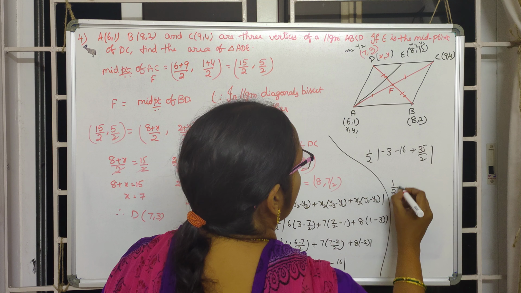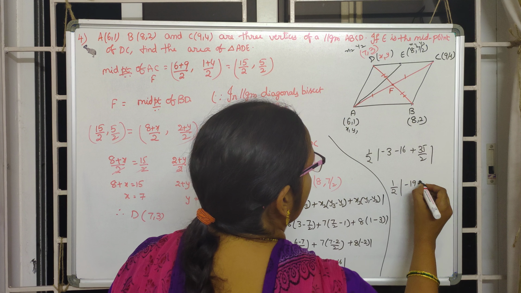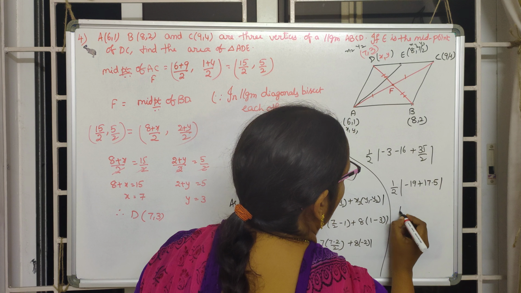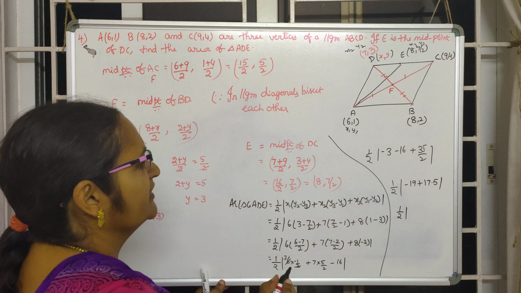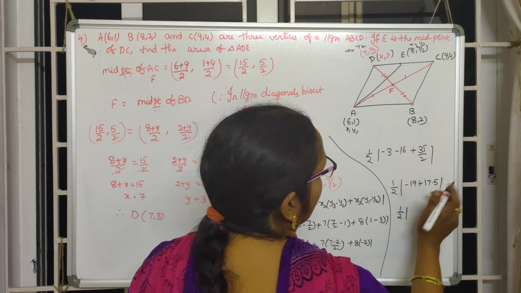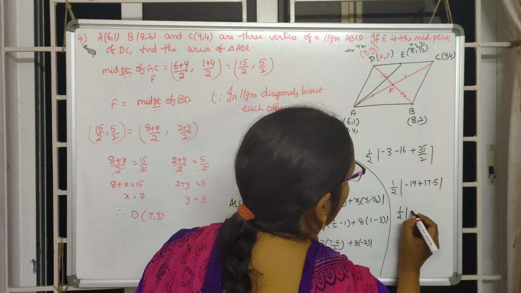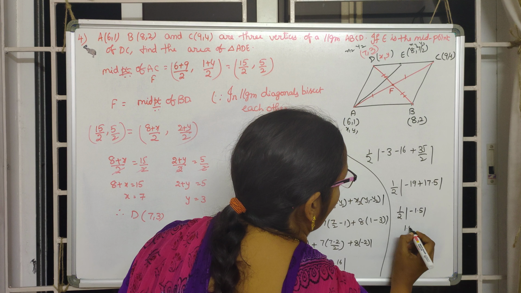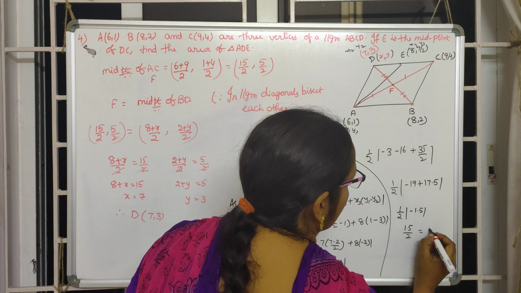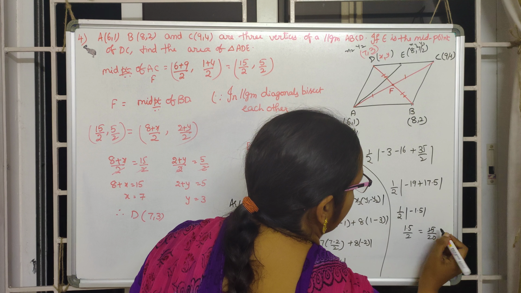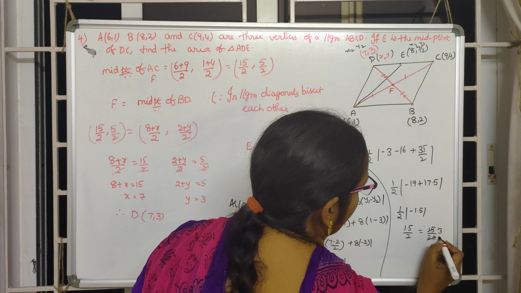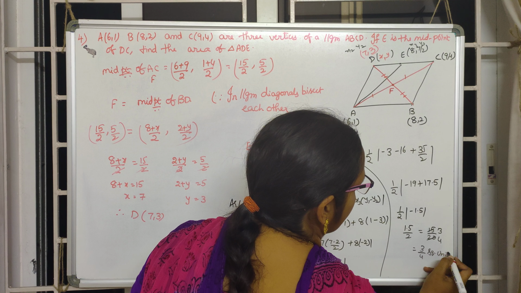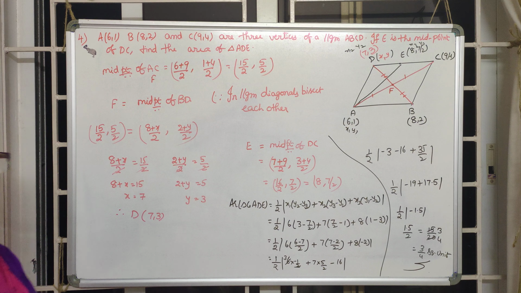This is half modulus of minus 19 plus 17.5. Half modulus of minus 1.5 means 1.5/2, that is 15/20. This is equal to 3/4 square units. Clear? Thank you.